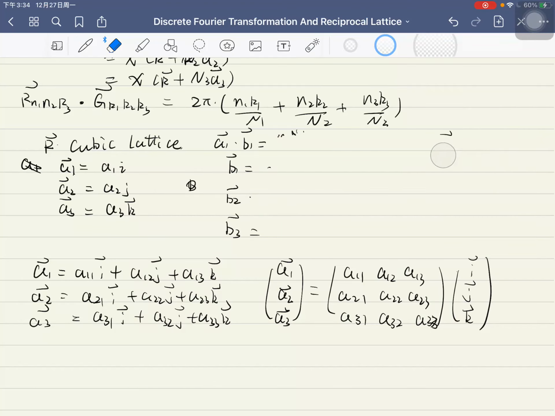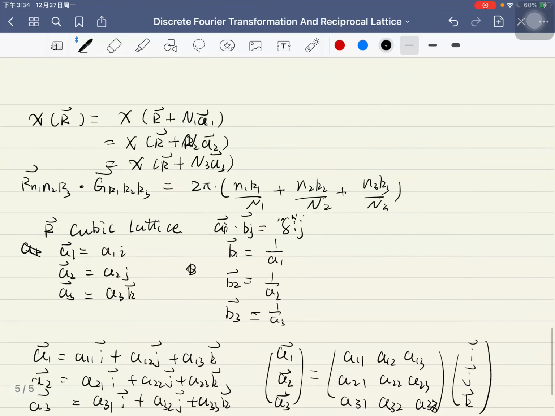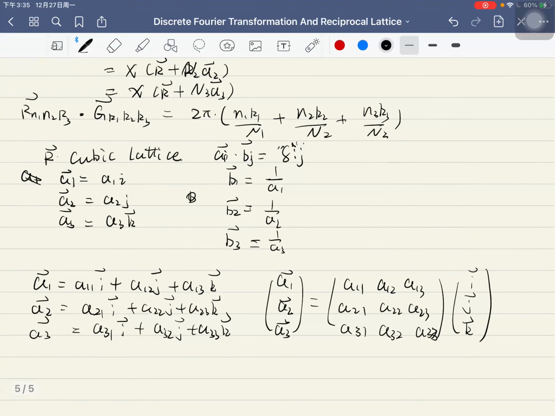We make some mistakes in a_i dot b_j equals delta ij for a1, a2, a3, because in the traditional solid state textbook, these are defined as k1 n1 b1 plus k2 n2 b2 plus k3 n3 b3.